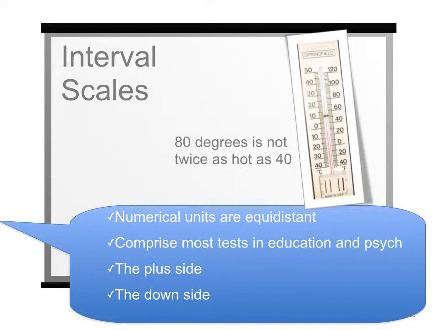So as we're progressing through these scales, we can look at interval scales. Here the classic example is a thermometer. 80 degrees is not twice as hot as 40.